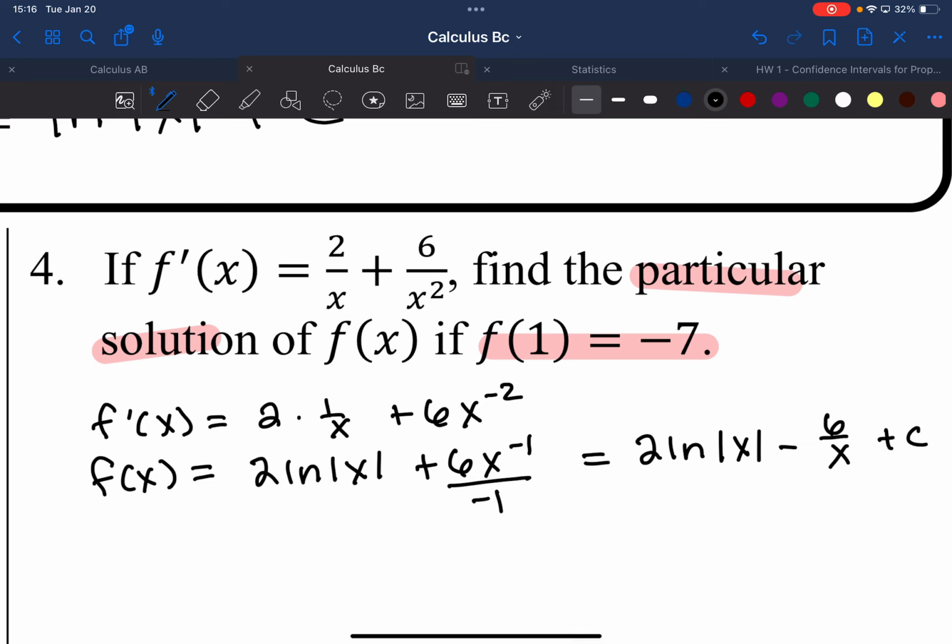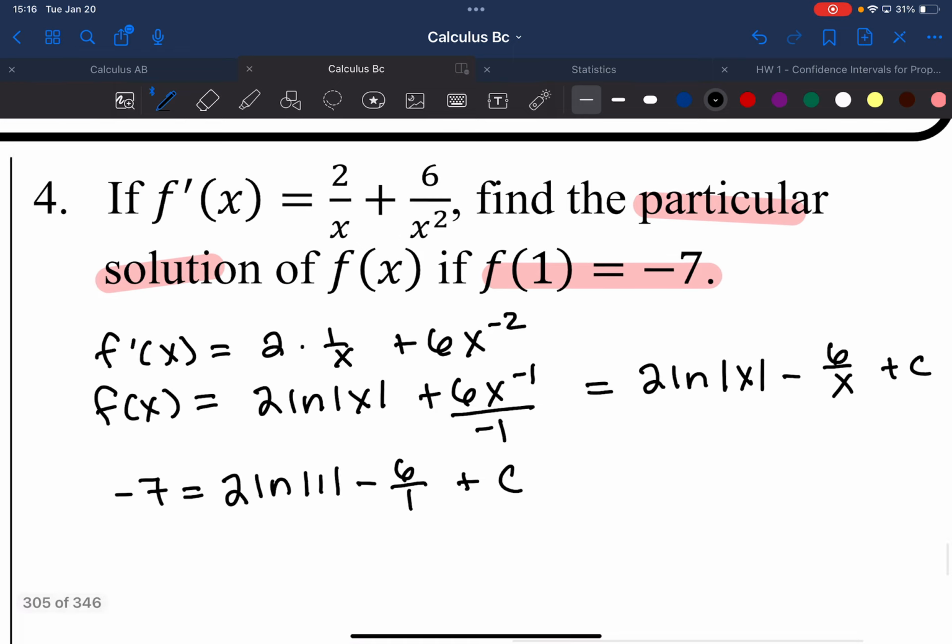So then from here, of course, what am I missing at the end? Plus c. It wants us to find that c value by saying that this thing is equal to negative 7 if you plug in 1 for x. So 2 natural log of 1 minus 6 over 1 plus c. Well, what's the natural log of 1? 0. So that whole thing's gone.